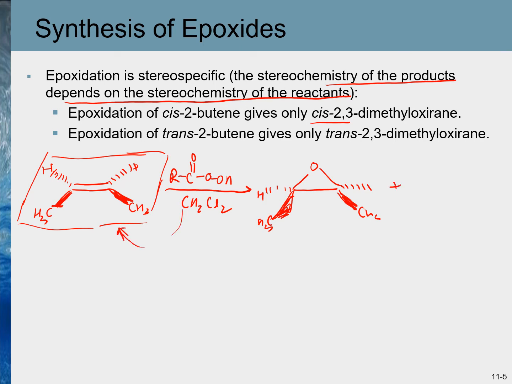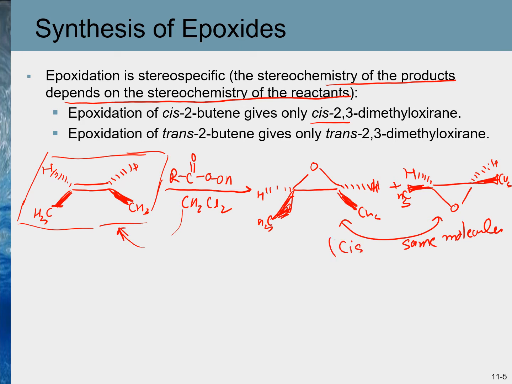In that case, the configuration of this alkene will be in both of these cases, these are same molecule. So hence we get only one product, and this is a cis product, or cis product, cis oxidane.